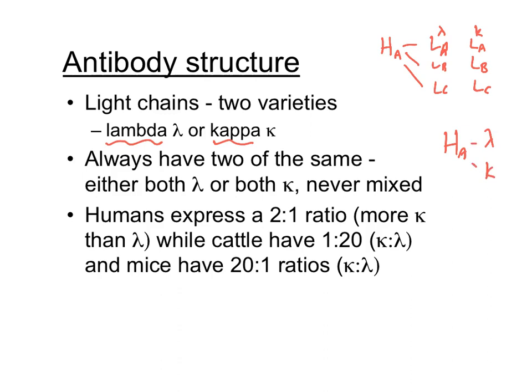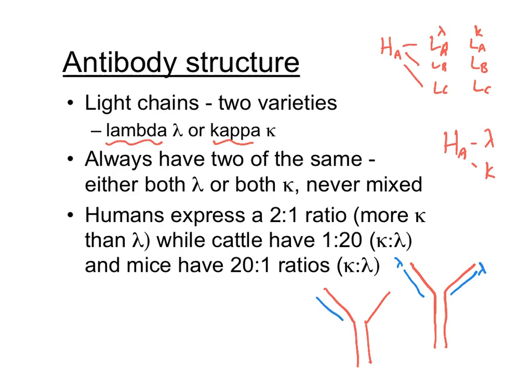All right? On any individual antibody, you never mix lambda with kappa, meaning that as I draw this antibody on the bottom, I'm making two heavy chains. And for the purpose of this, the light chains I'm showing you are in blue. And if you have lambda, they're both lambda. If you have kappa, all right, so here I'm drawing another one.